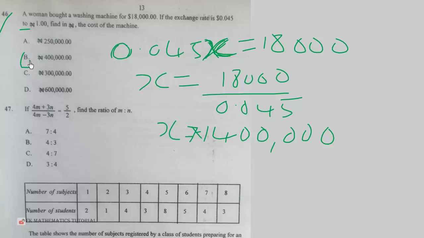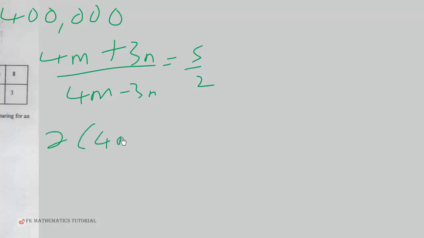We have question number 47. If (4m + 3n) over (4m − 3n) is equal to 5 over 2, we have to find the ratio of m is to n. We have so many ways. You can cross multiply: 2(4m + 3n) is equal to 5(4m − 3n).